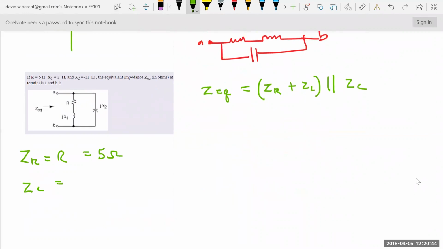Z_C equals minus 11, but notice they put the j here, and the units are ohms. Z_L is X_L, that's 2, but it's 2 times j.